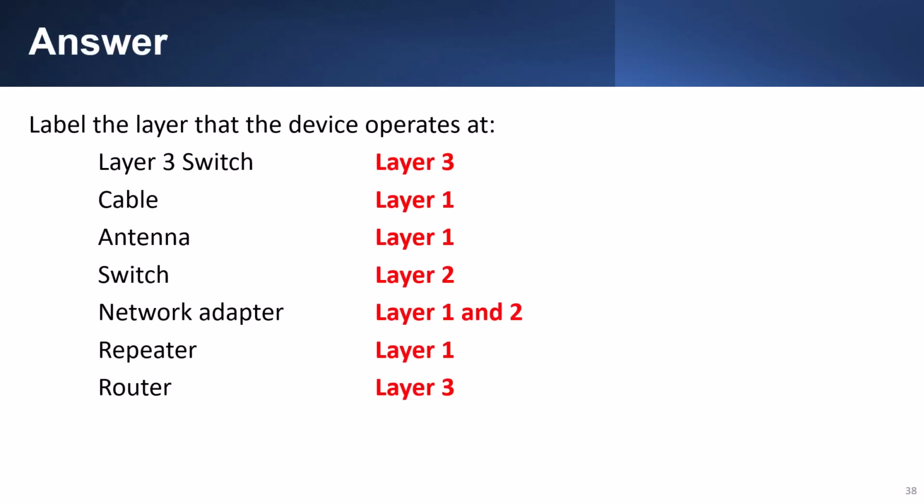Answer: Layer 3 switch, Layer 3. Cable, Layer 1. Antenna, Layer 1. Switch, Layer 2. Network adapter, Layer 1 and 2. Repeater, Layer 1. Router, Layer 3.